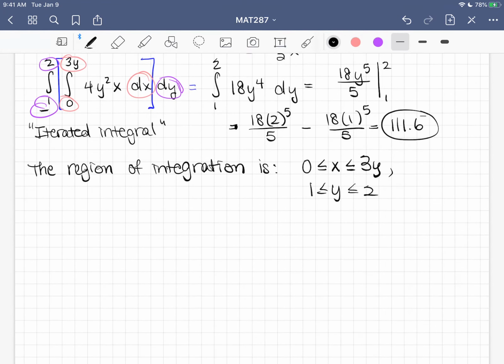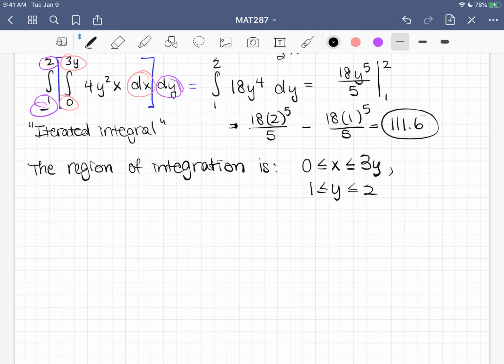Now I could sketch a picture of this. So I'm going to draw the xy axis. And I want to sketch, so if I have x equals 3y, that's the line y equals 1/3 x. So I want to sketch that line.